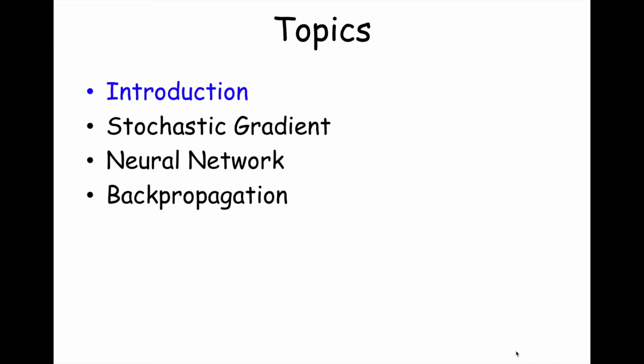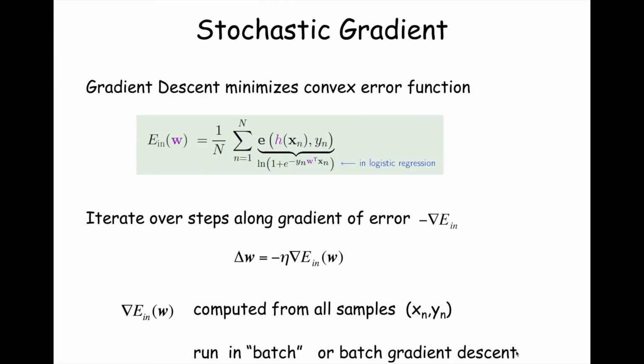So let's go forward with a little bit more about stochastic gradient because neural networks use stochastic gradient as one of the training regimes. And so gradient descent minimizes the convex error function. And recall when we talked about in-sample error, that was the average pointwise error over your in-sample set of data points. Now, of course, for logistic regression, when we talked about gradient descent, our pointwise error is cross entropy error, right?